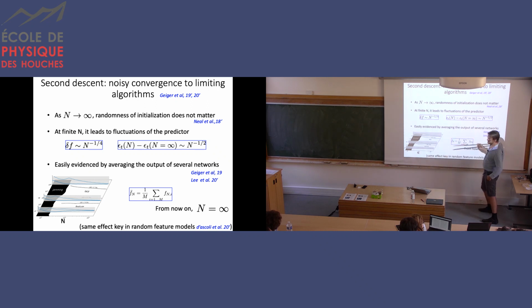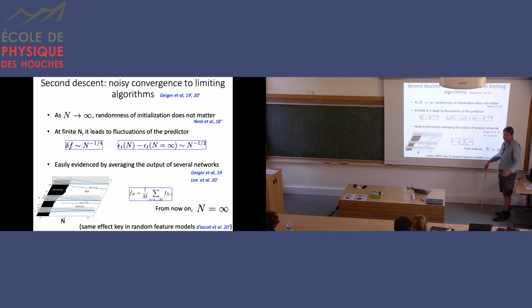Okay, so the point is that when the number of parameters diverges, you converge to well-defined algorithms, where even the notion of parameter, you can express what the algorithm does without referring to parameters, right? And so what happens is that when n goes to infinity, I think it's quite intuitively clear that the randomness associated with how you initialized your weights, this random initialization, is not going to matter.